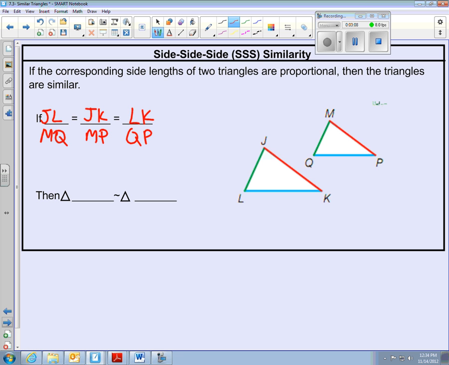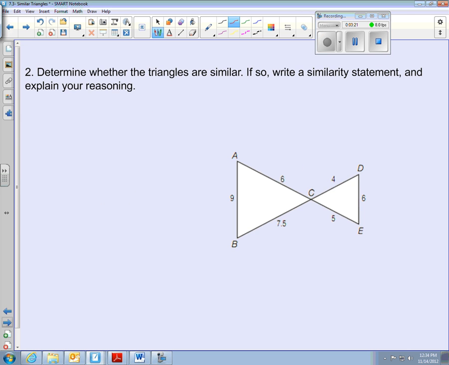If I can say that all three of those are proportional, then I can say that my triangles, JLK and MQP, are similar. All right, so let's go ahead and look at the next page.